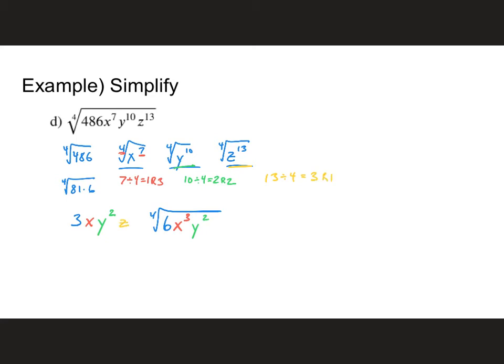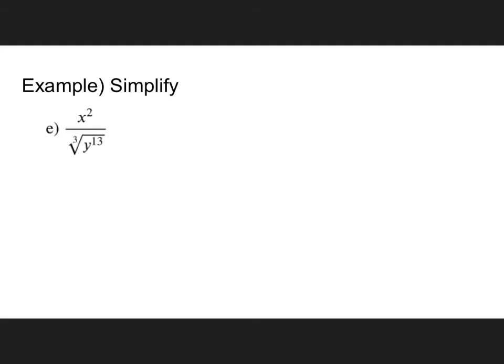So it's z to the third with 1 z left over. And that would be my final answer down here: 3xy squared z to the third times the fourth root of 6x to the third y squared z.